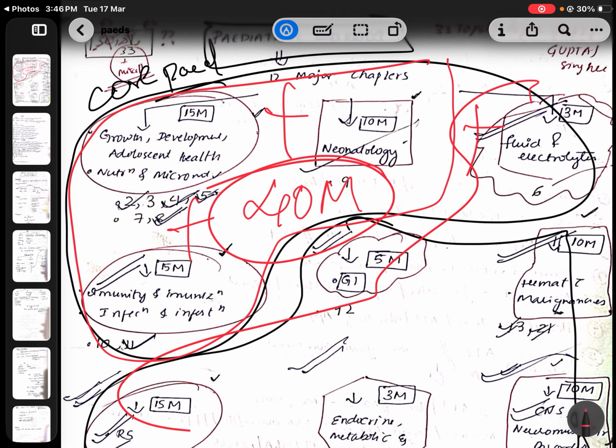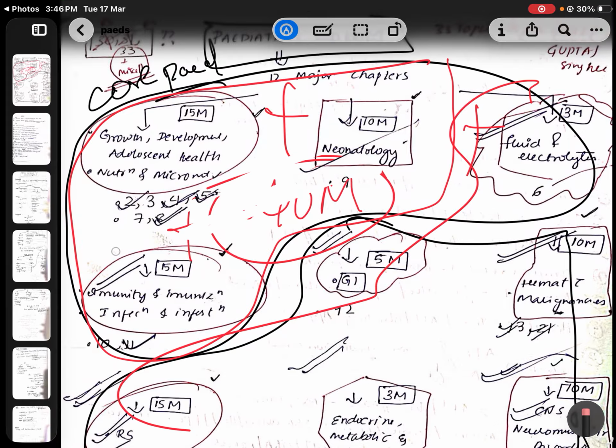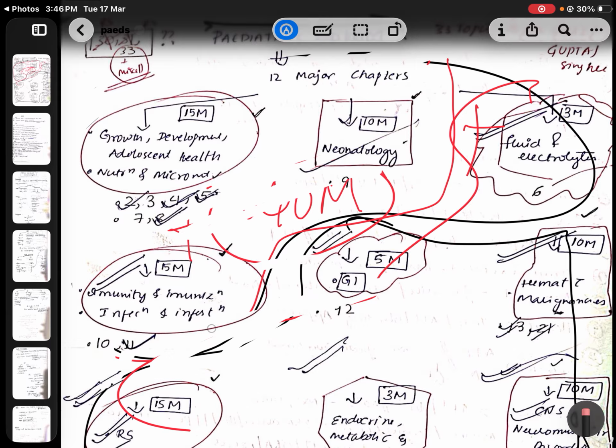So based on that, let us see how to minimize the load of studying in pediatrics. Let us be very clear. These are the major things which you need to classify and study. The first thing to study, even on the day before the exam, is the core pediatrics part, for example growth and development, nutrition and micronutrients.